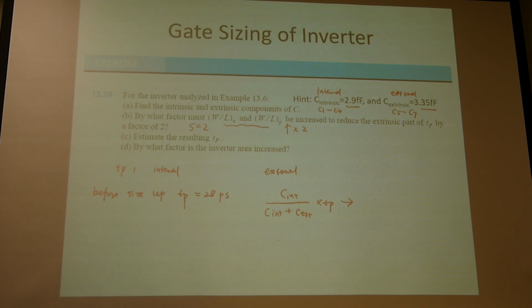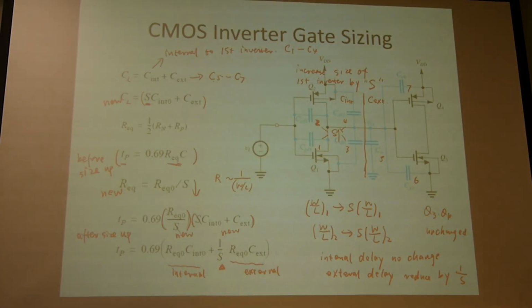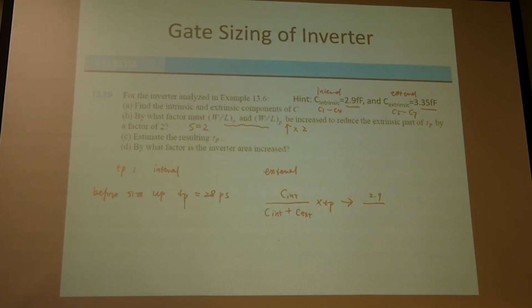It's just a ratio of this 2.9 over the total, which is 2.9 plus 3.35, that is 6.25, times 28, which will give you about 13 picoseconds. So this is the internal delay.